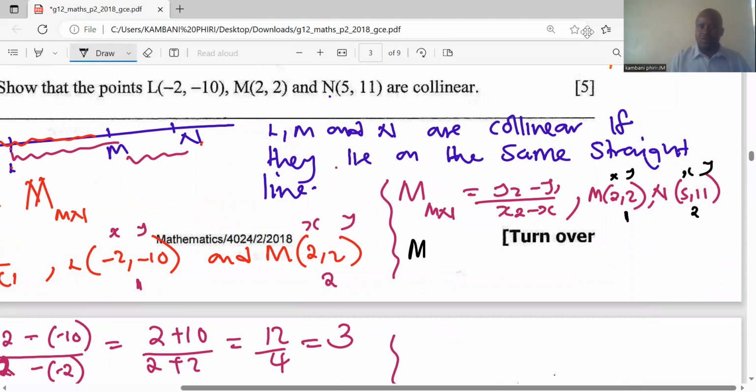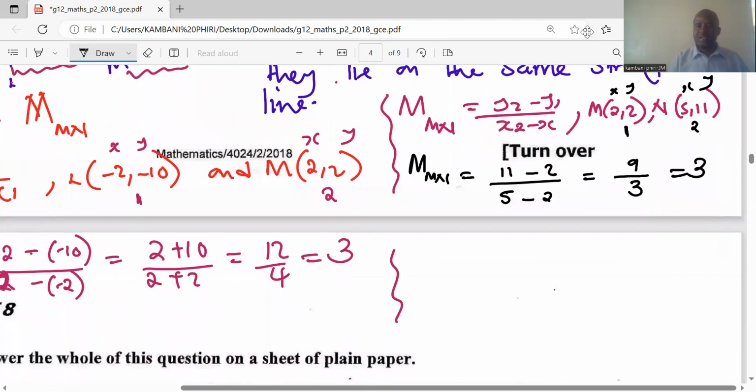So the gradient of MN is equal to y2, which is 11, minus y1, which is 2, divided by x2, which is 5, minus x1, which is 2. So this is 9 over 3, and the answer here is 3.